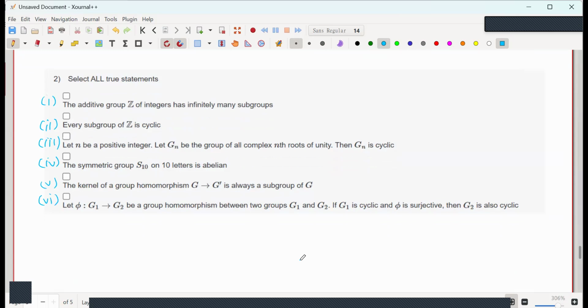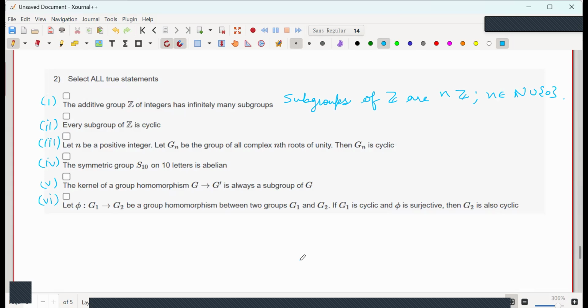True. Why? Because 2Z, 3Z, 4Z, all... Very good. So the subgroups of Z are nZ, where n belongs to N. Even n union 0 also we can write.